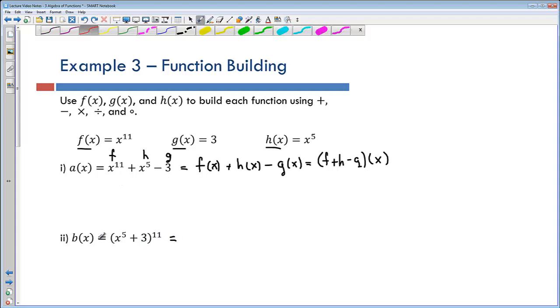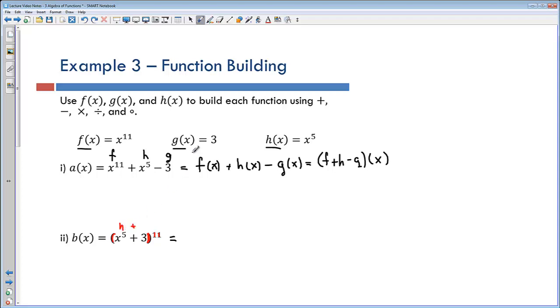Here we have b of x, which is x to the 5th plus 3, and that's all raised to the 11th power. Let's start slow: x to the 5th is an h, and then plus, and of course the 3 is the g. So you could write this as left parenthesis h of x plus g of x, all to the 11th power.